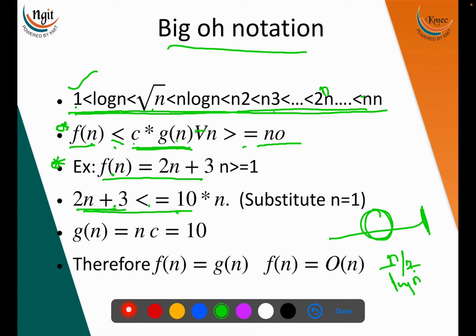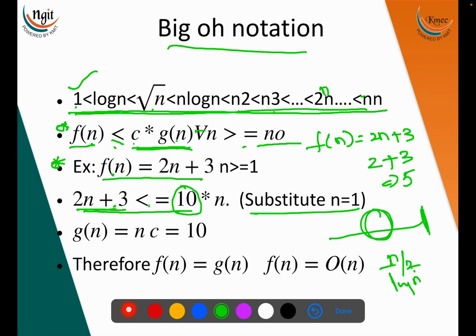Now, when will the equation be true, let's see. Substitute n equal to 1 in the equation. Now, f(n) is equal to 2n + 3. Substitute 1 in the equation. 2 into 1 is 2. 2 plus 3 is 5. Now this 10 may not be 10.